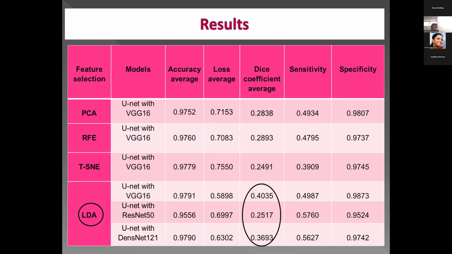The average specificity in LDA and PCA surpasses the other models, with both exceeding 98%, while the others remain below this value. Although there hasn't been a substantial increase in sensitivity, the high level of specificity is particularly noteworthy.